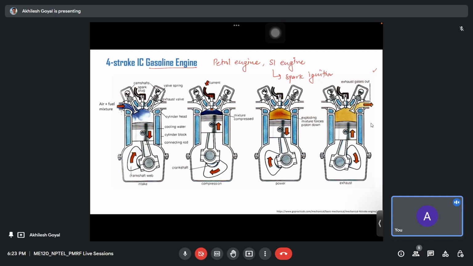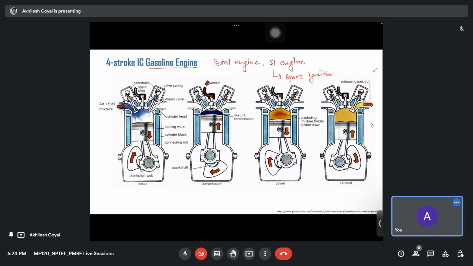So in the case of a four stroke engine, a cycle completes in four strokes of the piston inside the cylinder. But in the case of a two stroke engine, a cycle completes in two strokes of the piston inside the cylinder. Okay, so first we are taking the four stroke engine, and these can again be divided into two types: SI engine, spark ignition, and CI engine, compression ignition engine.